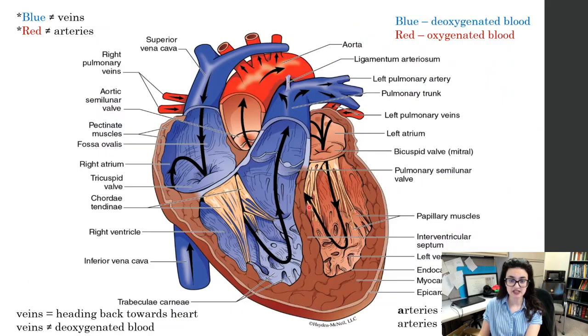It does not have any intrinsic oxygen in it, right? We don't breathe through our heart. It has to go to the lung to get that oxygen, bring it back to the heart, and then repump it. So that's why there are so many different chambers and so many different valves going on, because we need to first go get the oxygen, bring it back to the heart, because the lungs can't pump and the heart can't breathe.